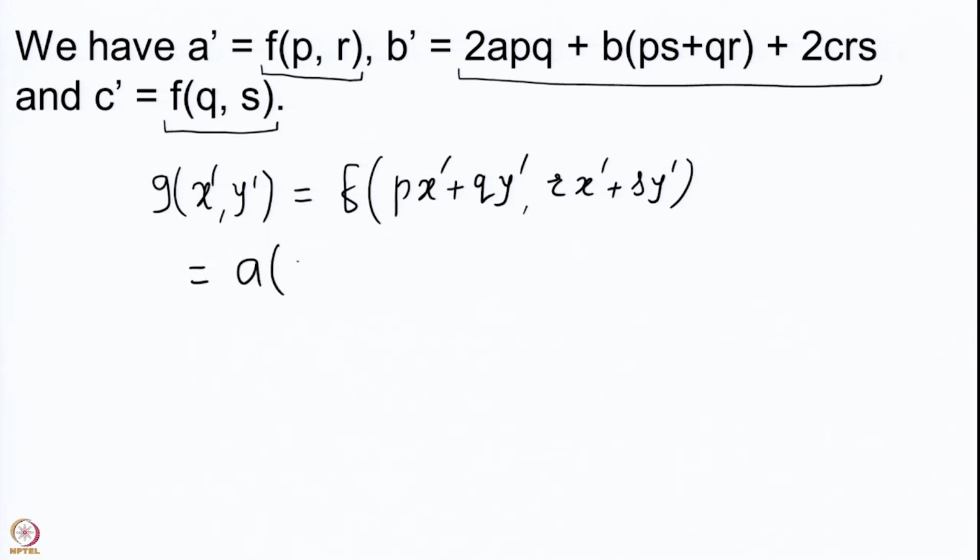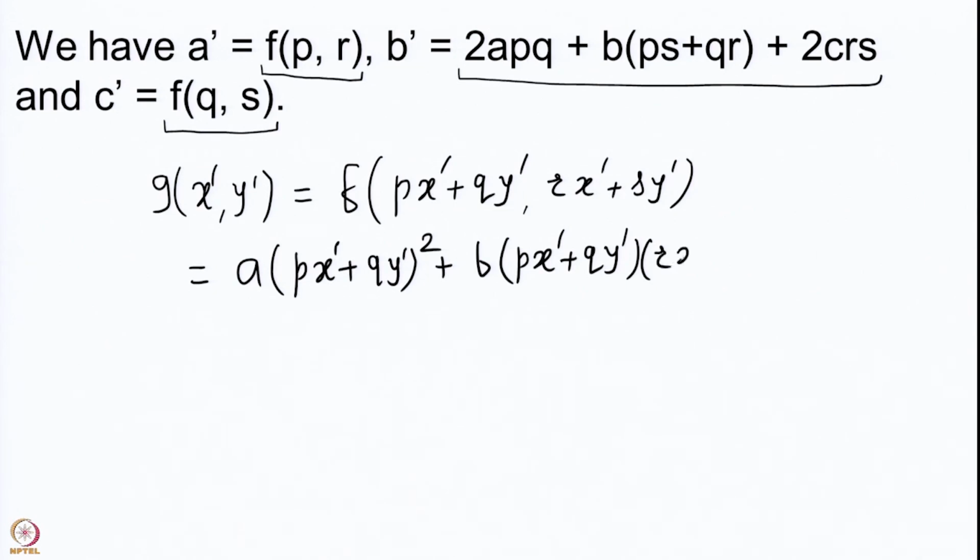So, we have a into px prime plus qy prime whole square, plus b into px prime plus qy prime into rx prime plus sy prime, and finally we have c into rx prime plus sy prime whole square. So, what are the terms for x prime square? Let us compute. For x prime square we are going to get coefficients from here. You will get a into p square.